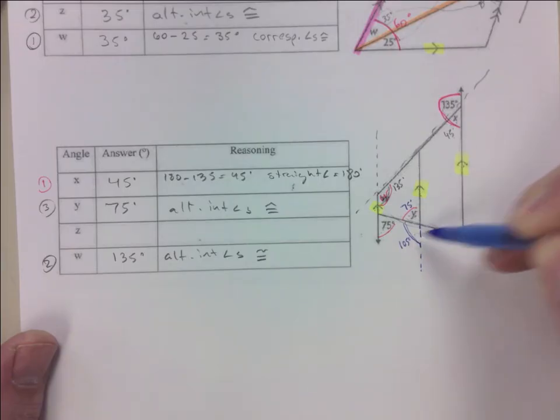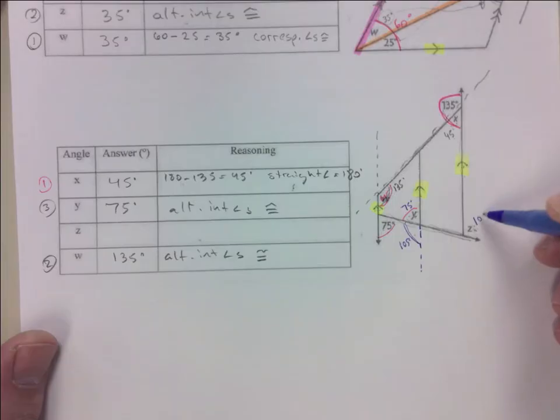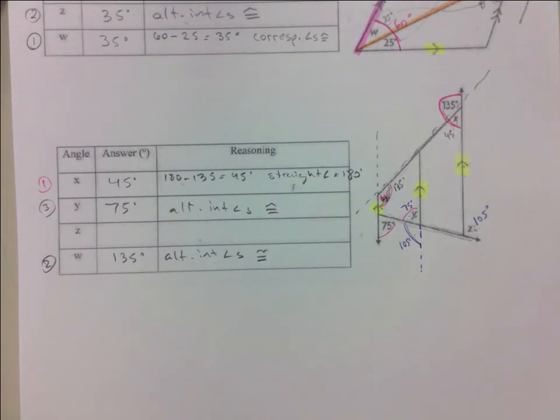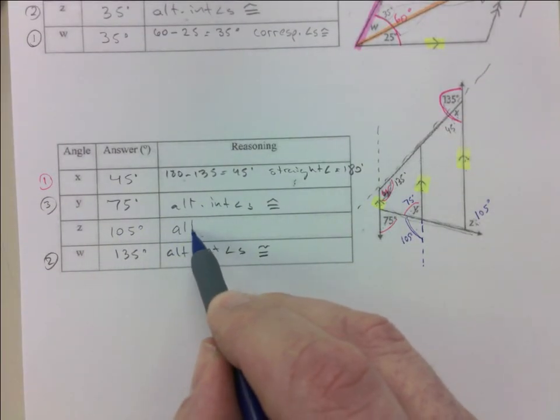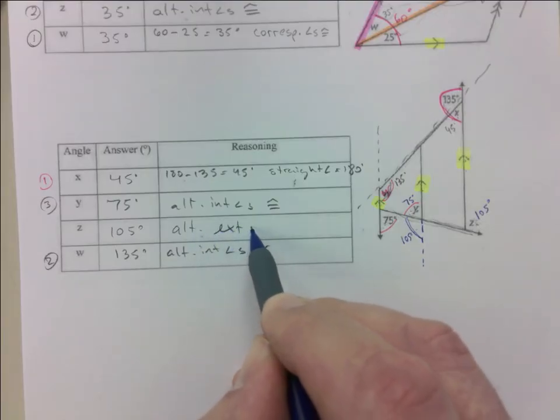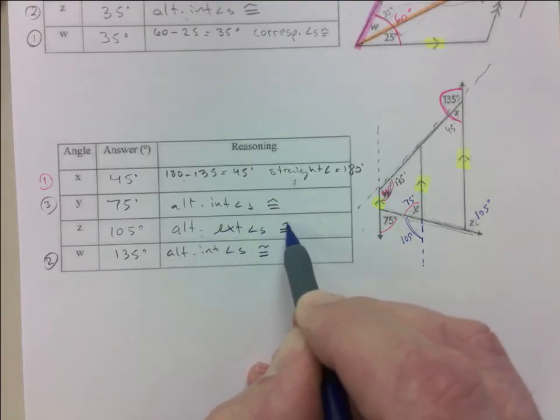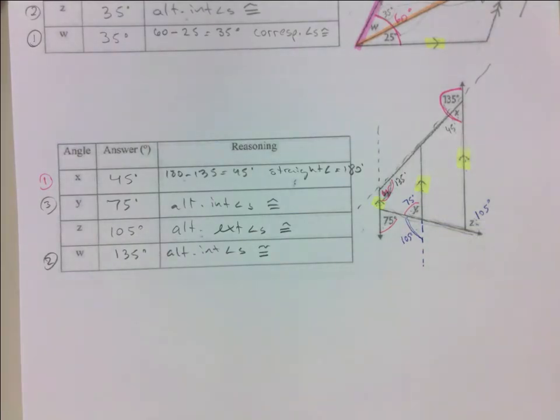These two are alternate exterior, correct? If you just consider these two, these are alternate exterior, so this is 105 as well. So I'm actually adding that to my mix here. 105, alternate exterior angles are equal to each other. So I had to do a little bit of extra work there to get that one done.